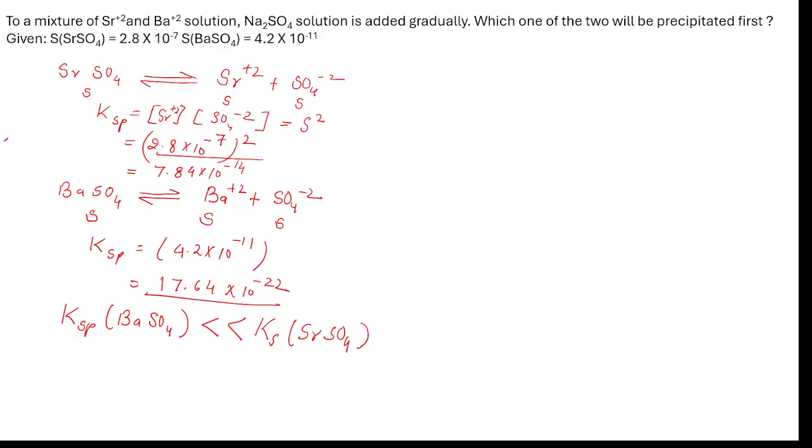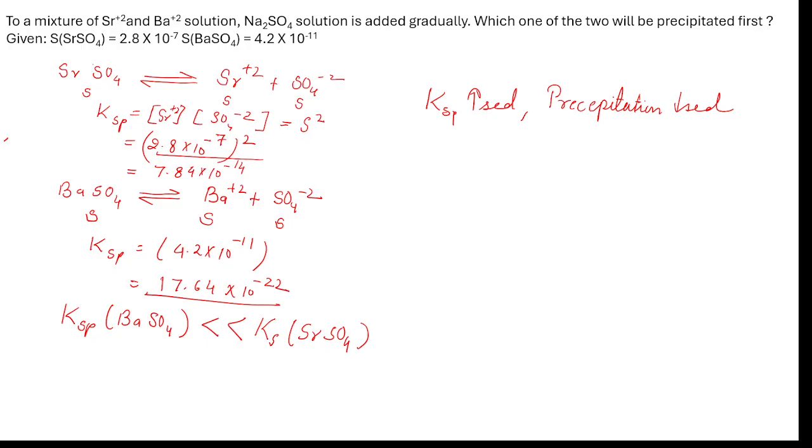Now how are we going to find which one is going to precipitate first? So here you need to know a very simple rule, or you can put it in the answer sheet: Ksp increased, precipitation decreased. Whenever there is an increase in Ksp value, the precipitation is going to slow down.